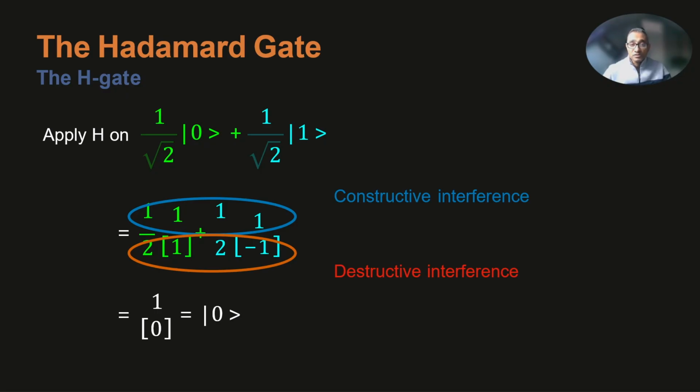However, the bottom circle represents that if you add 1 with -1, the phases, for example, get cancelled out, and you get what you call a destructive interference. And you will get your input state back in reverse order, as we have seen.